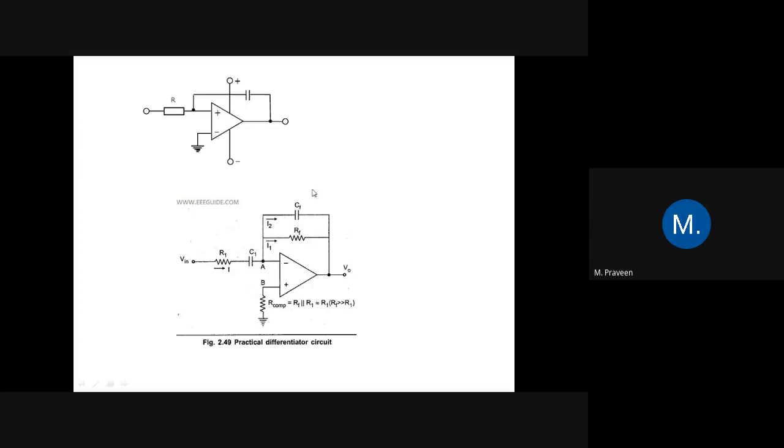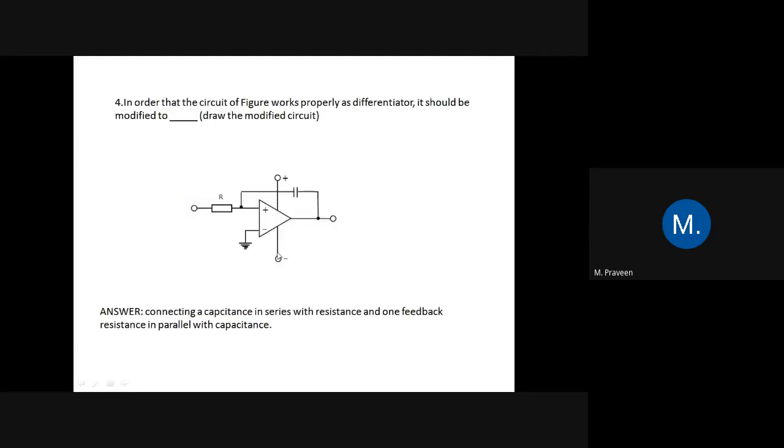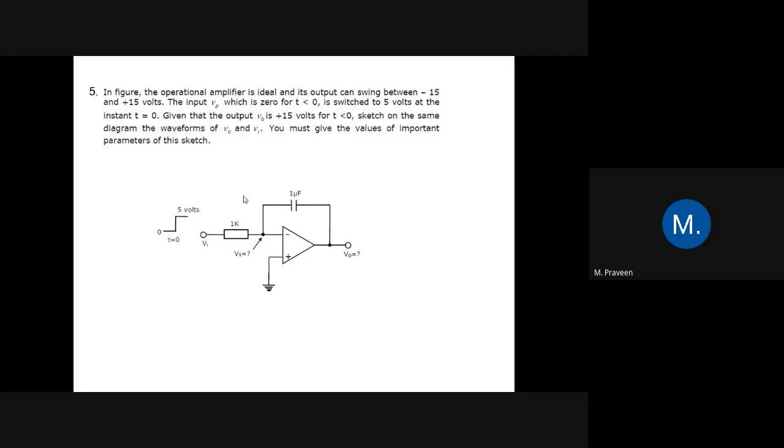Therefore we have to add a parallel feedback resistance. So this is the modification we have to do. Therefore the answer for the question is connecting a capacitance in series with the resistance and one feedback resistance in parallel with the capacitance. Then it will automatically work as a differentiator. That is a practical differentiator. Okay, let's move to the next question.